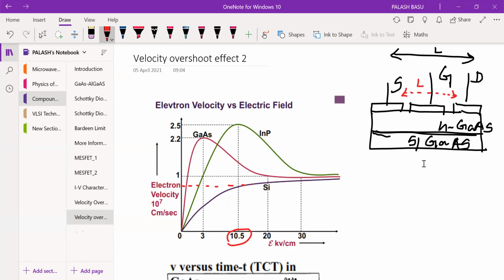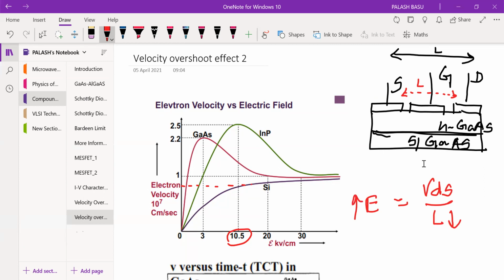Like the VDS, whatever voltage you are applying. So what is your electric field? Electric field is actually whatever drain to source voltage applied divided by L. Now if you are decreasing L, the electric field is increasing, right?